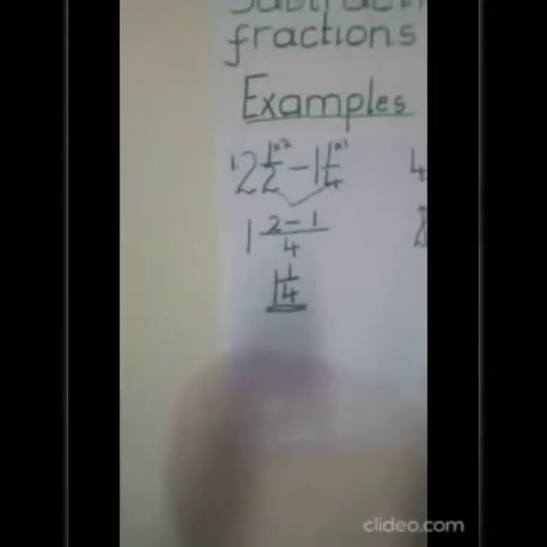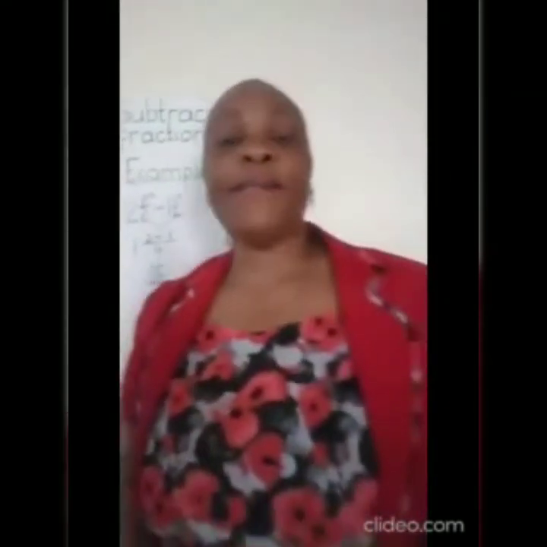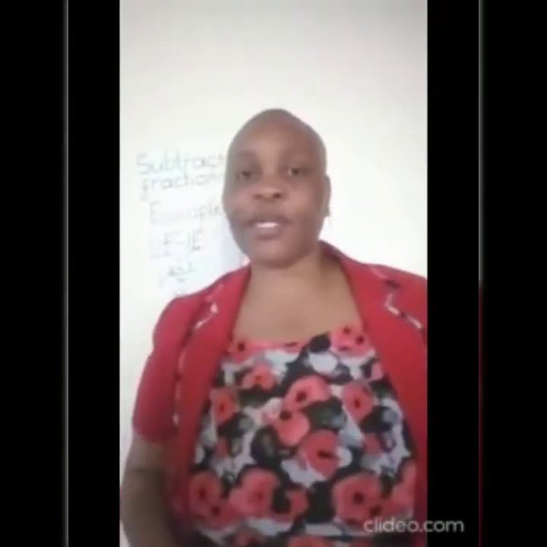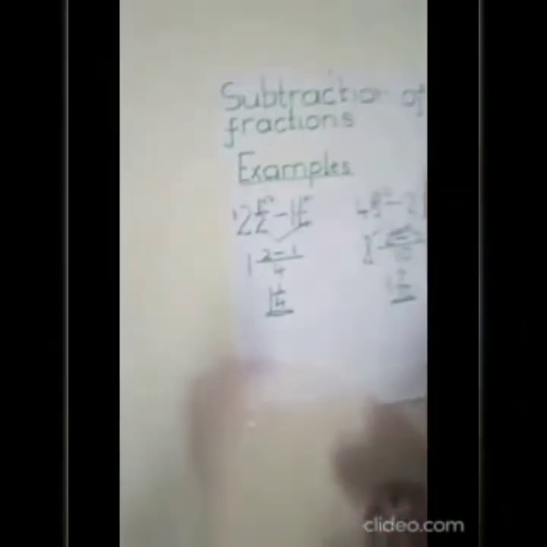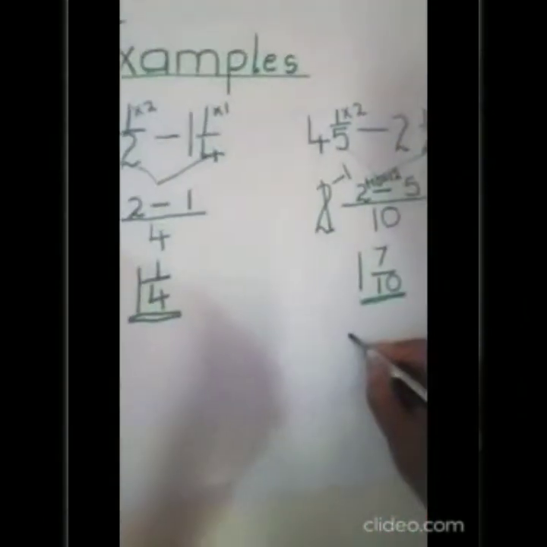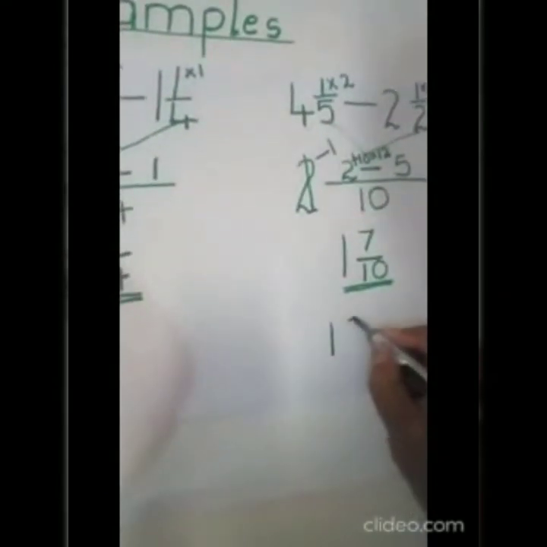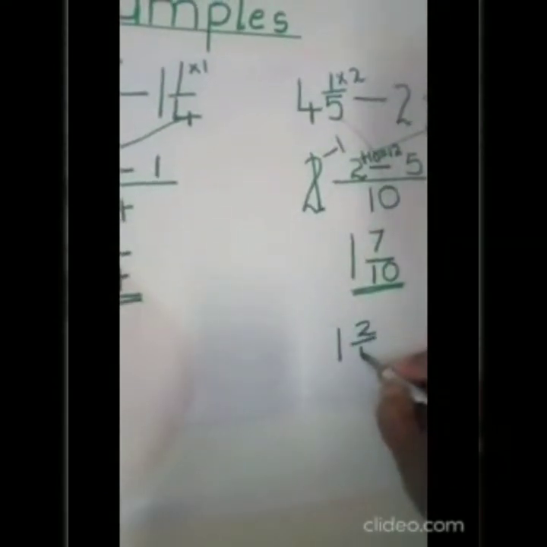As a reminder, before you do your work, I also want to remind you that in fractions, whenever your answer can be reduced to lowest term, it is important to reduce it to its lowest term. What do I mean by this? Let's take, for example, if your answer was 1 and 2 over 10.